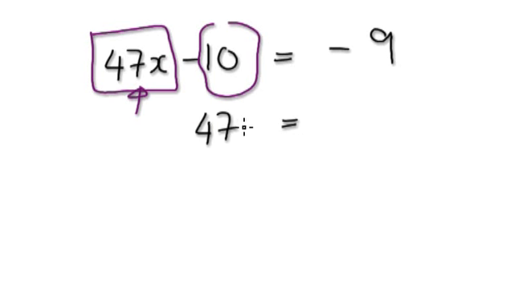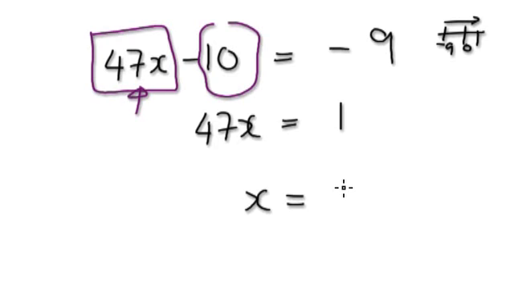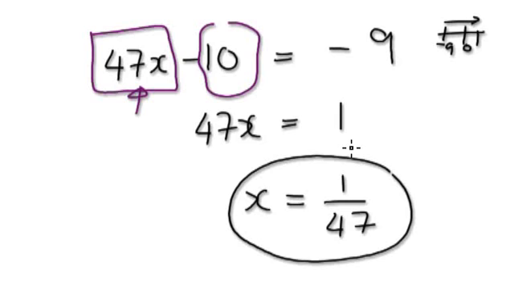So you have 47x, and then minus 9 add 10. It will be 1. Okay, because you start at minus 9 and then you add 10, so you end up at 1. Okay, and now it's a matter of dividing both sides by 47. So it will be this 1 over 47.